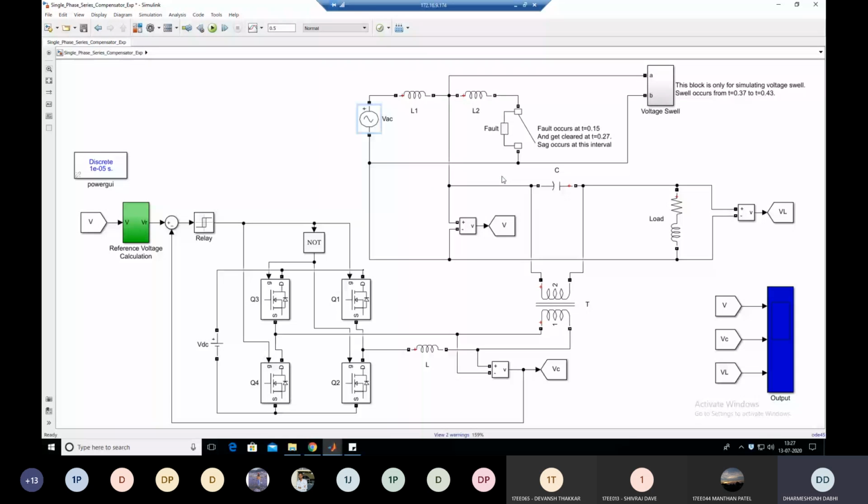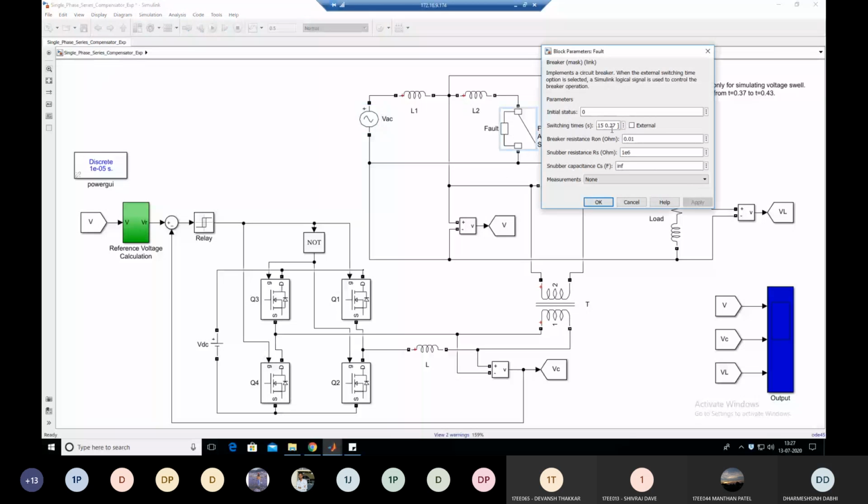Another way you can create the sag and swell is by using this breaker. You can see that in this breaker we have a switching time. First switching time is 0.15 up to 0.27 second. And see, the initial status is 0. Initial status 0 means that initially your breaker is in open circuit condition.